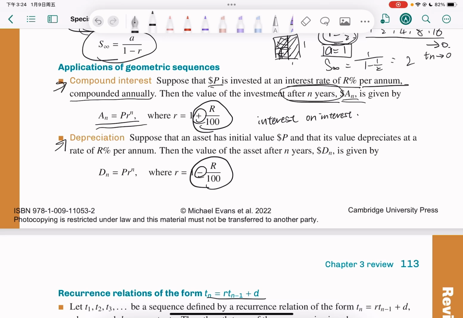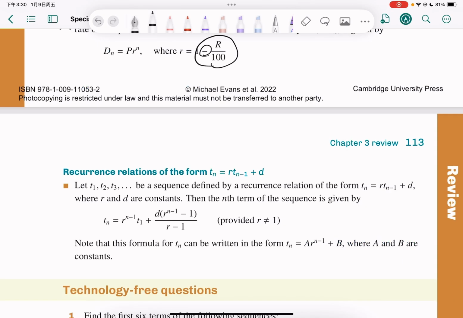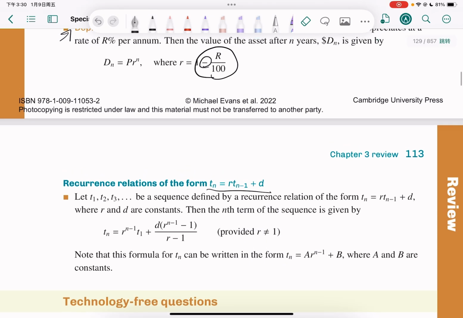For the recurrence relation of the form Tn equals R times Tn minus 1 plus D, it's like a combination of the arithmetic, where you have a plus D, and the geometric, where you have R times Tn minus 1. So it's a combination of geometric and arithmetic sequences.